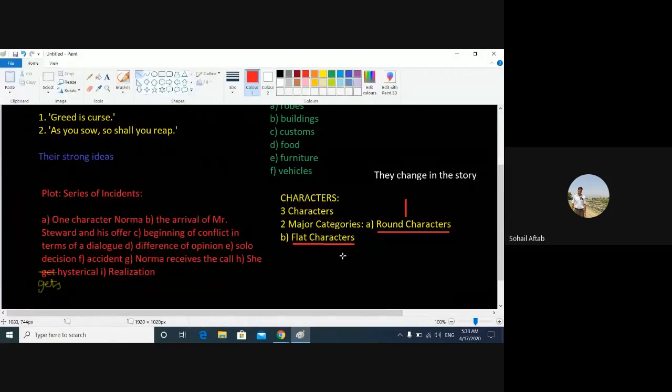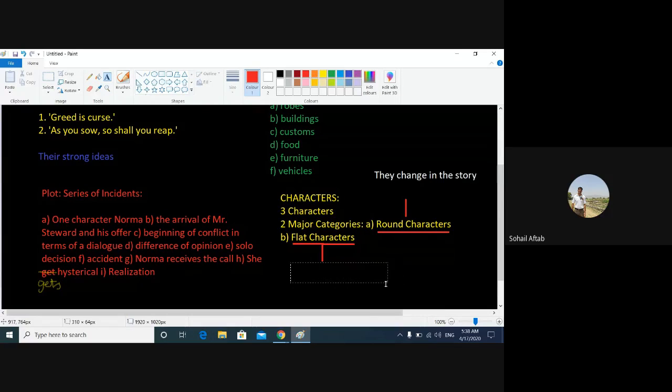Flat characters, what exactly is their case? They remain very much the same as they were in the beginning. They don't change.